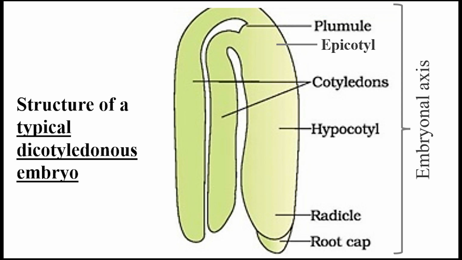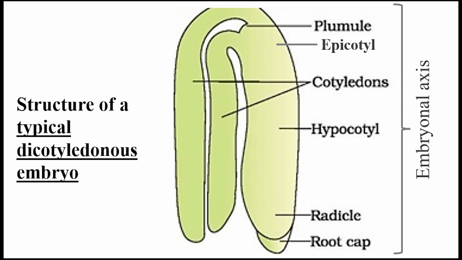And you can again see the cylindrical portion which is below the level of the cotyledons. There is a structure shown below the level of these cotyledons, and that is marked as the hypocotyl. Hypo means below.